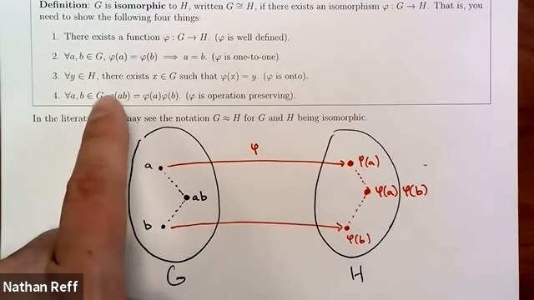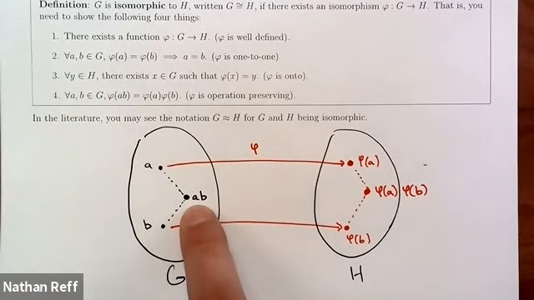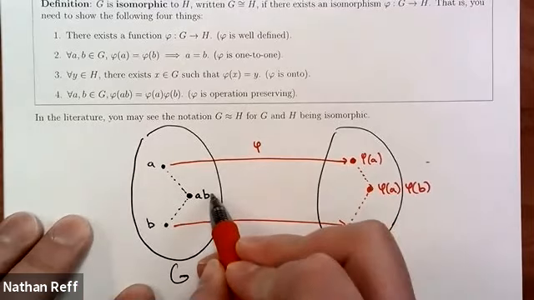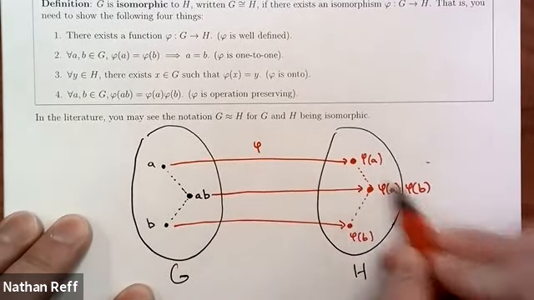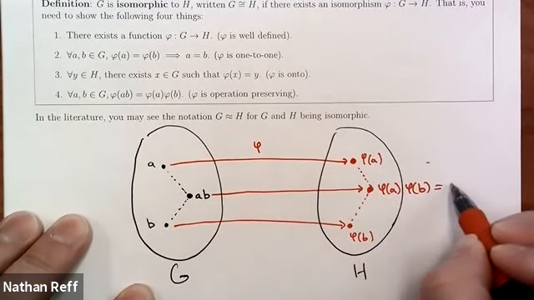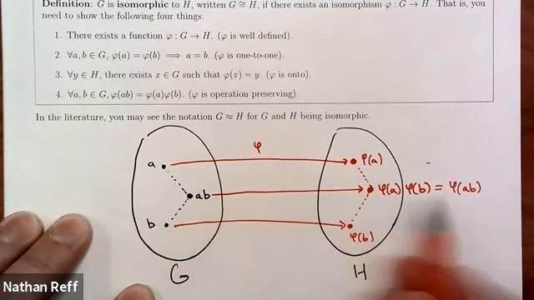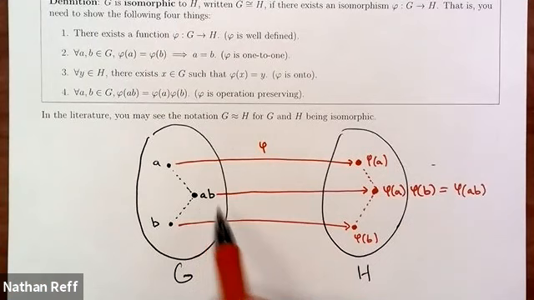The 4th property is actually ensuring that this element here maps to this element. It's saying that the function phi has to take me from here to here. So in other words, this product, whatever it happens to be, is equal to phi of A times B. Okay, that must map somewhere over here because A, B is in the group.